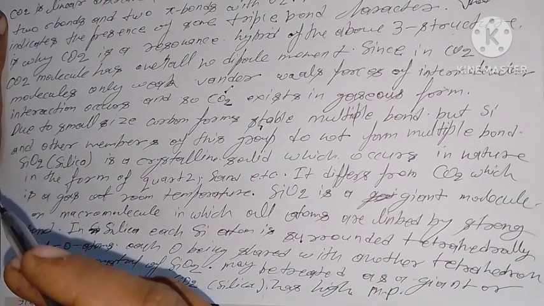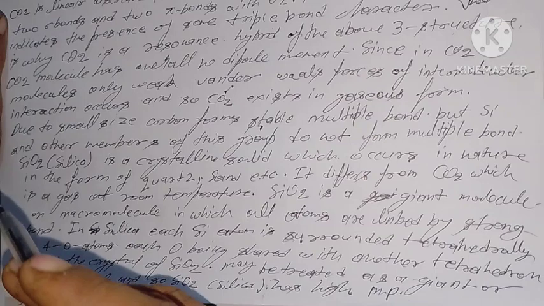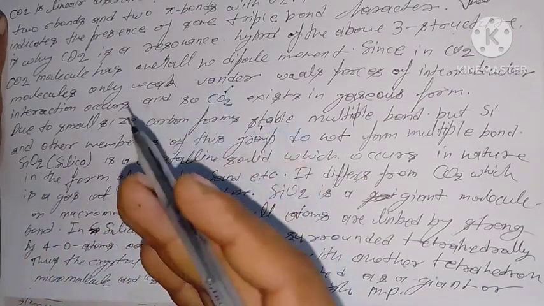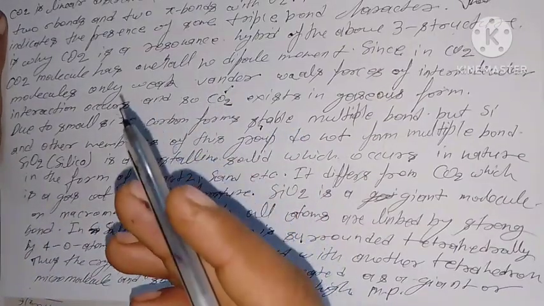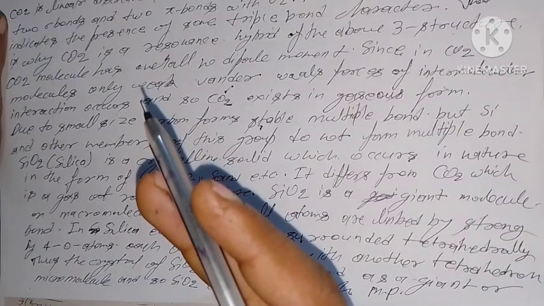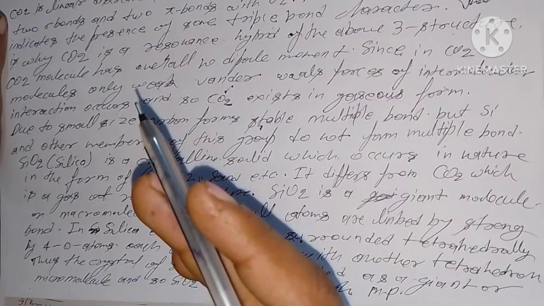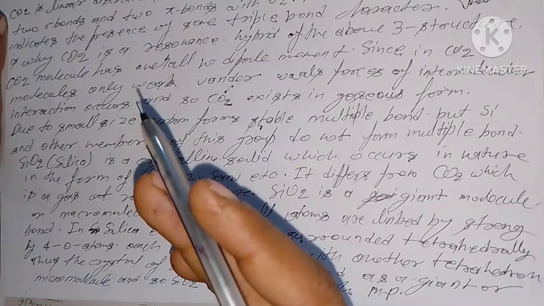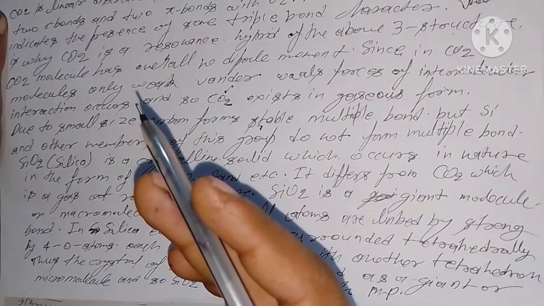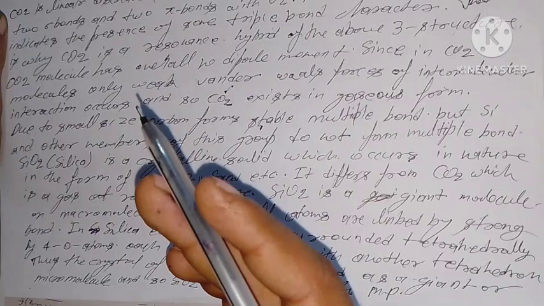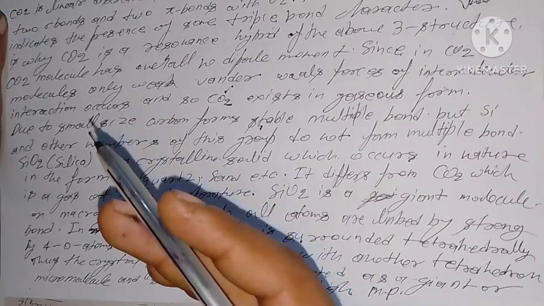For example, carbon dioxide reacts with sodium hydroxide to give Na2CO3 and water.